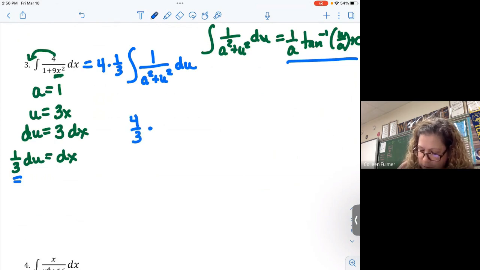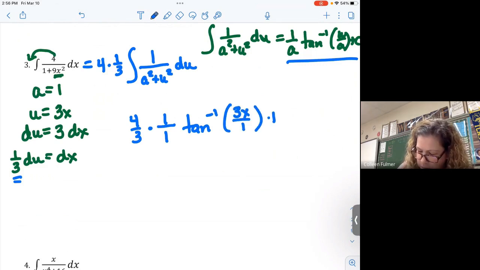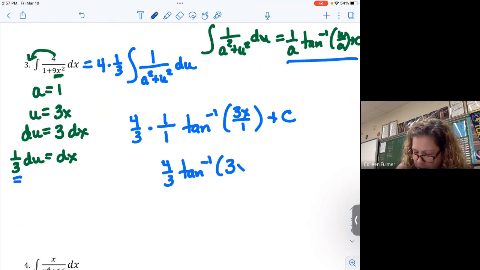I multiply by 1 over a, which a is 1 in this case, inverse tangent of u over a, so 3x divided by 1 plus c. And then I'm going to clean up the divide by 1s. So 4/3 times 1 is 4/3, inverse tangent, 3x divided by 1 is 3x, plus c.